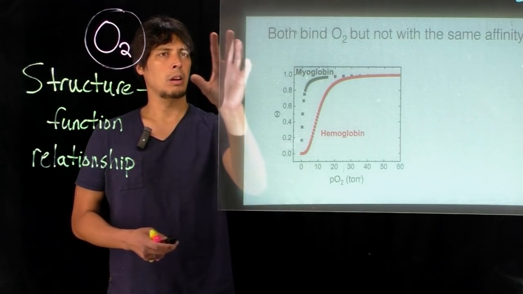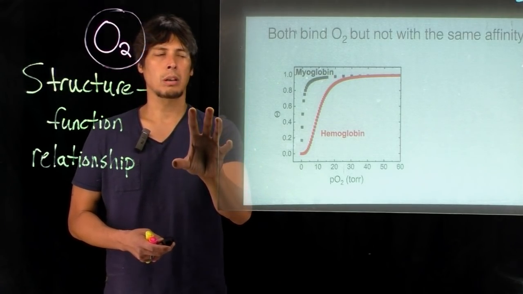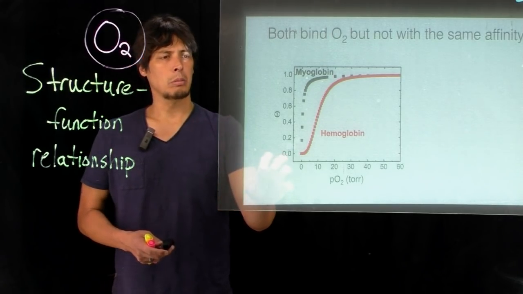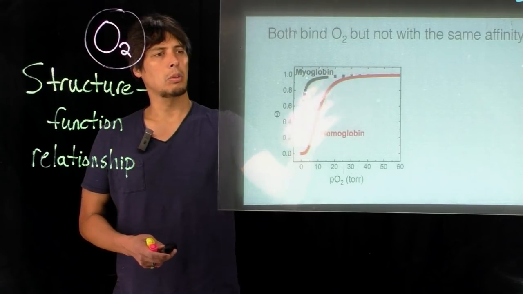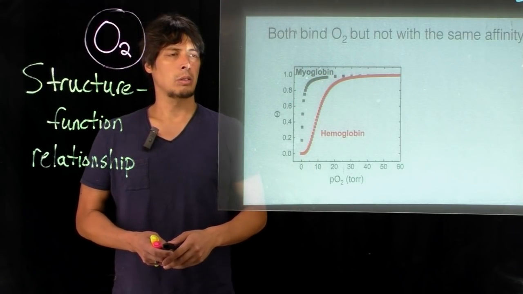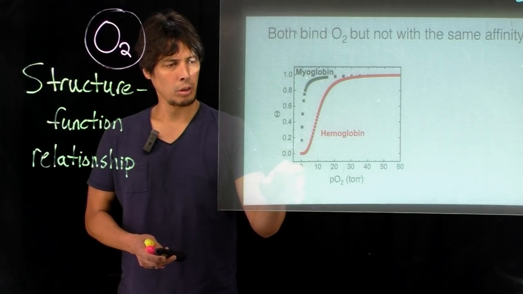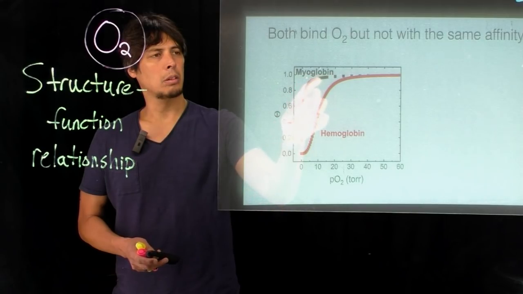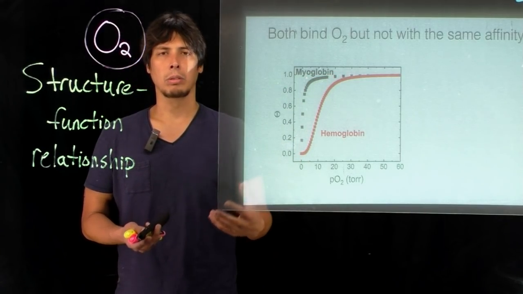These are O2 binding curves, and we'll talk more about this as we progress through the lecture. In the black trace, the black data points are what is called an O2 binding curve for myoglobin. The important part is that at really low O2 partial pressures, myoglobin is completely filled with oxygen.